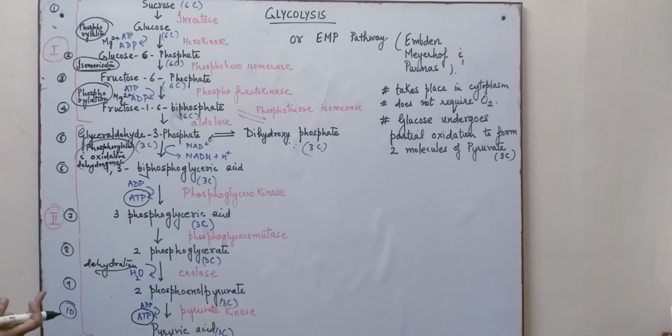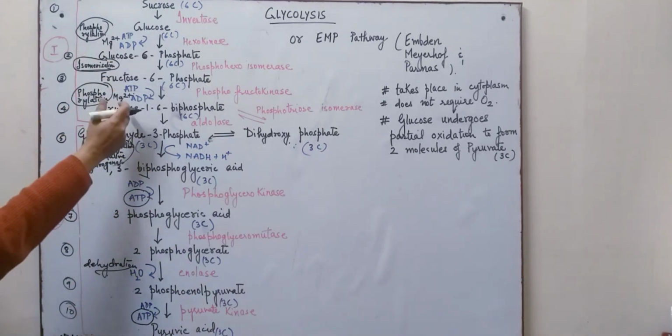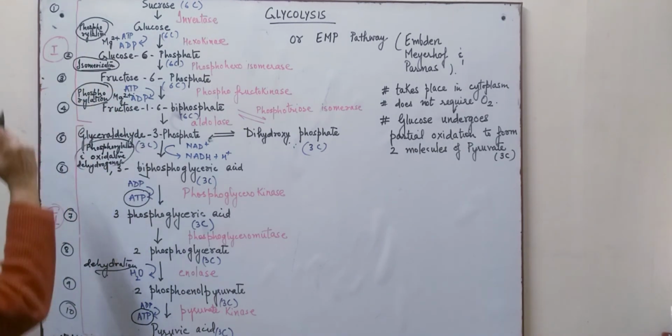So what is happening actually over here? We are producing, when we are talking over here, the net gain of ATP which is being produced over here. In the first phase, we are using 2 ATP molecules because over here at the first step it is used, and in this step also it is being used.